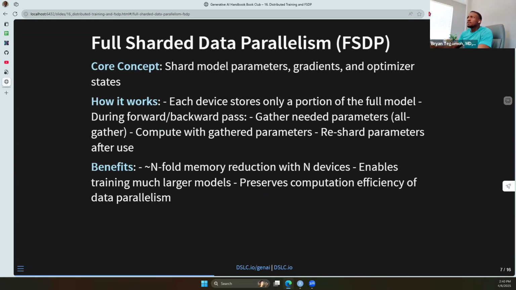Then we have the fully sharded data parallelism. The fundamental concept here is to shard model parameters, and parallelism significantly, like I said earlier, accelerates training by distributing computations, balancing load, and improving throughput.